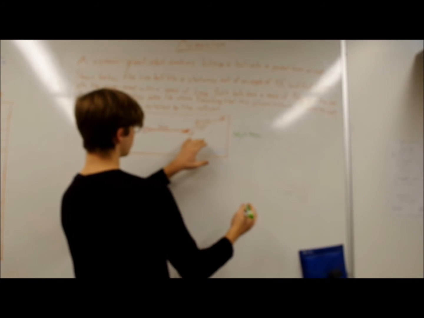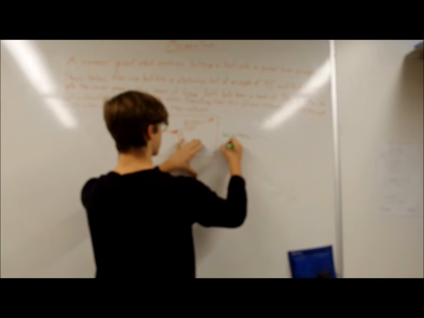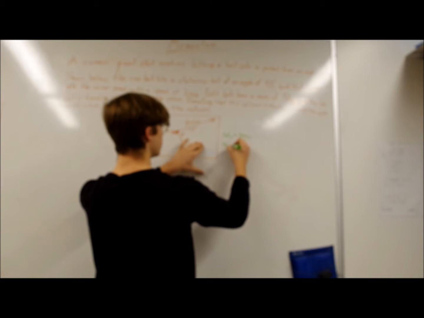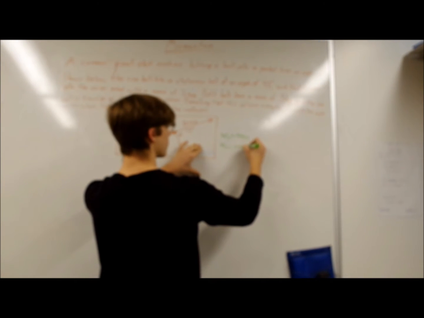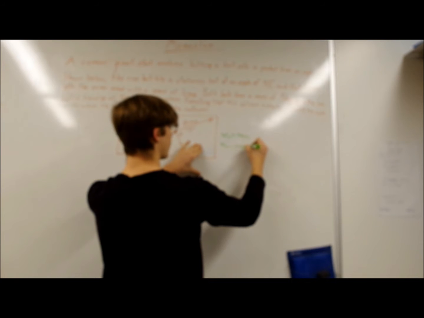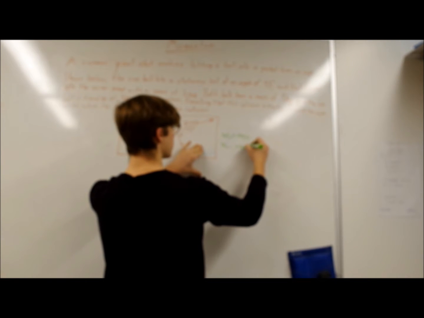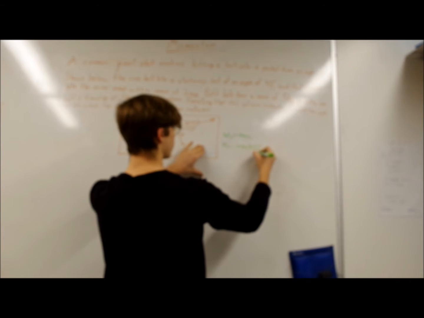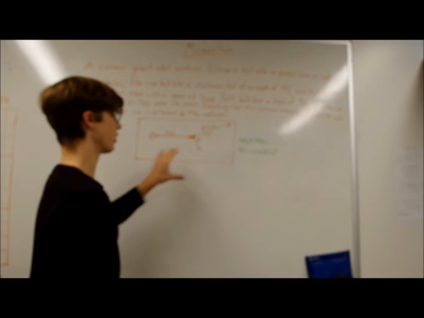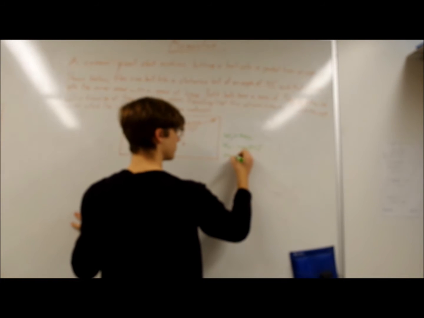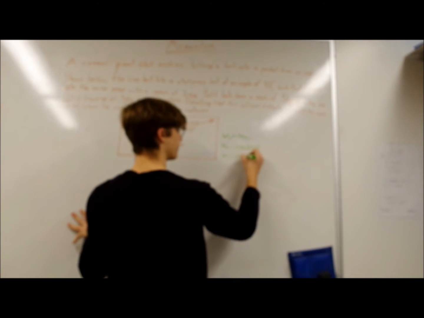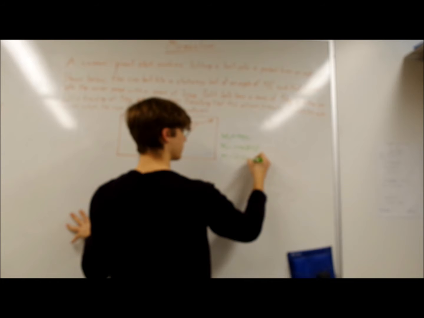We also know that the final velocity of ball number 2 is 2 meters per second at 45 degrees. We also know that the mass of both balls is 0.5 kilograms.